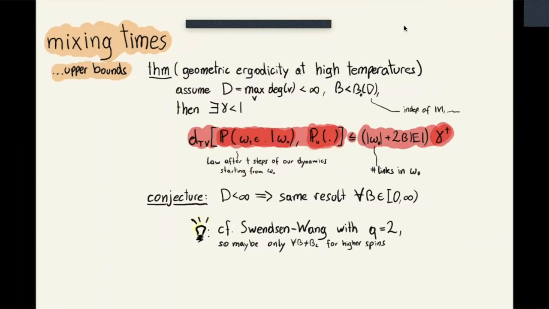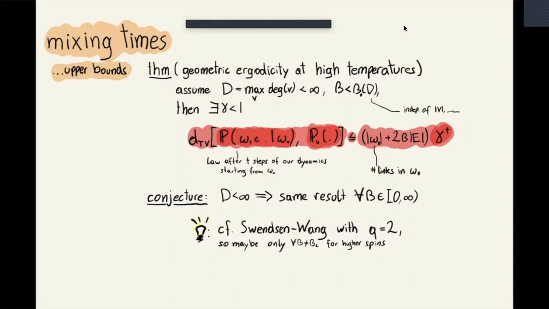And this can be bounded if the degree is finite, so for example on Z^d, this is finite. And for high temperatures, so beta sufficiently low, there exists a gamma less than 1 such that we have this geometric decay here, with some constant in front of it that might depend on the initial configuration.